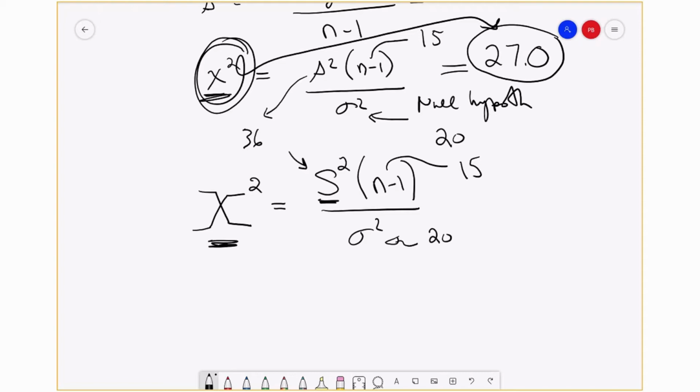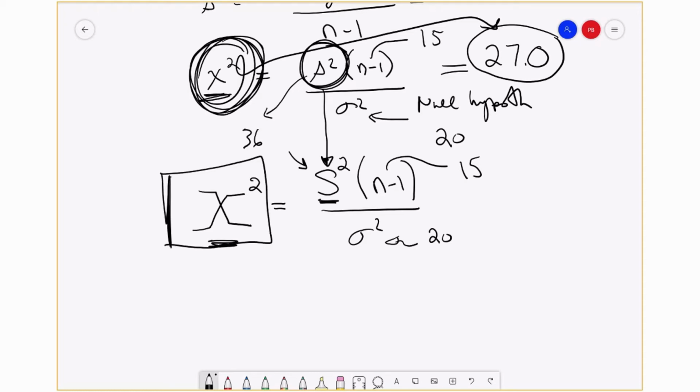And we can think about the reason this is a random variable. Again, if we think about all possible values of chi-square we get, well, every time we took a different sample, we get a different value of s squared. So therefore, it makes sense that this capital S squared would be a random variable. And of course, this capital chi-square represents the set of all possible values of lowercase chi-square.